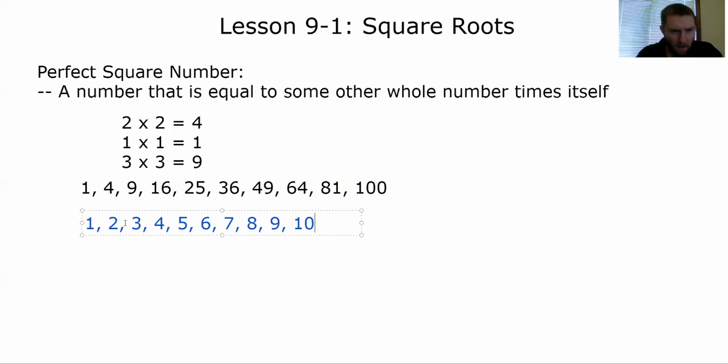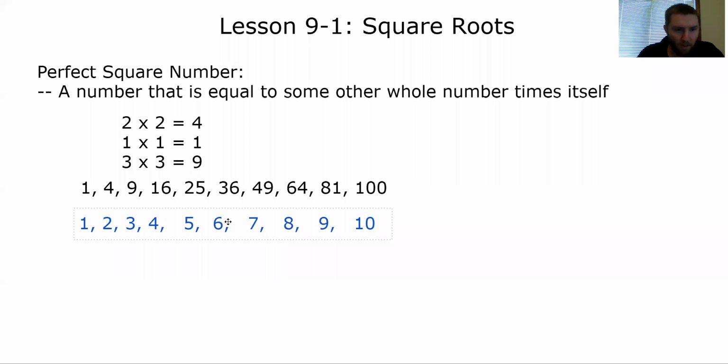So 25 would be 5, 36 would be 6, 49 would be 7, 64 would be 8, 81 would be 9, and then 100 would be 10, okay?